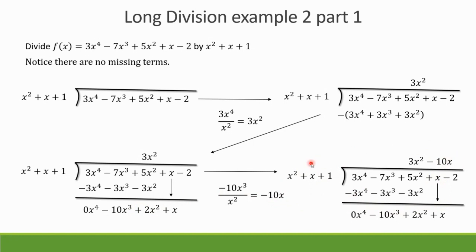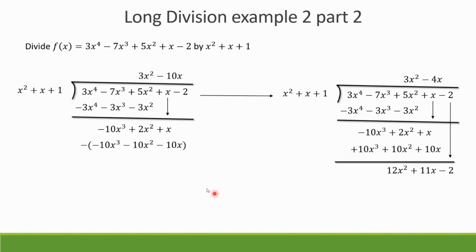So we have negative 10x times this, and we subtract it. Sorry, that goes down here. My mistake. So we have minus 10x cubed, minus 10x squared, minus 10x. That's what we get here.